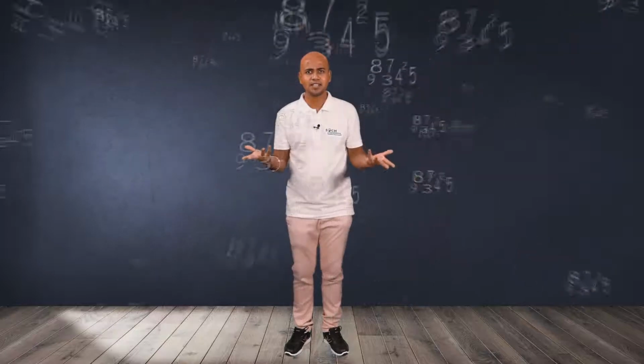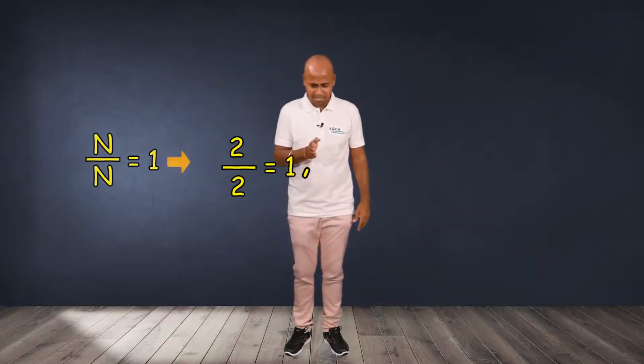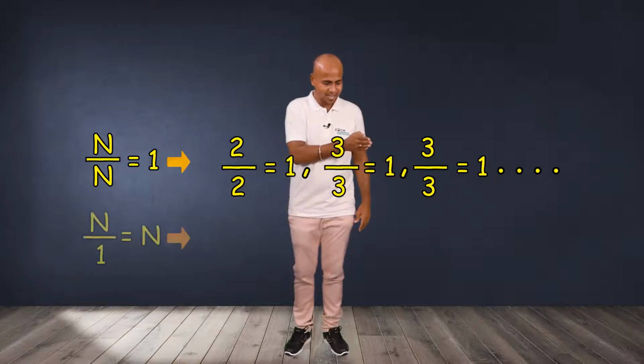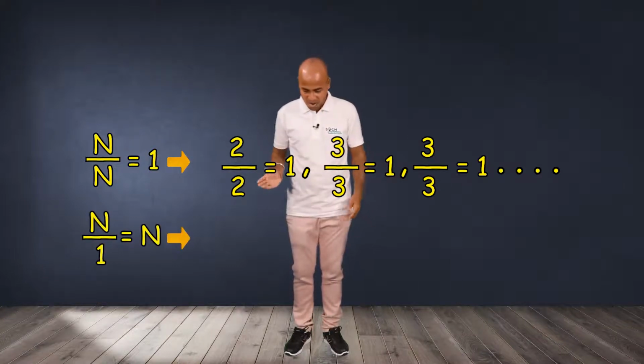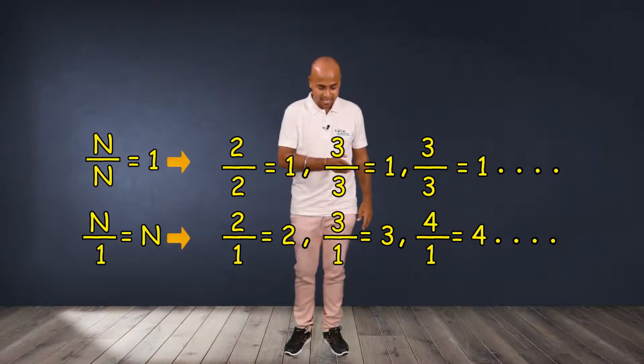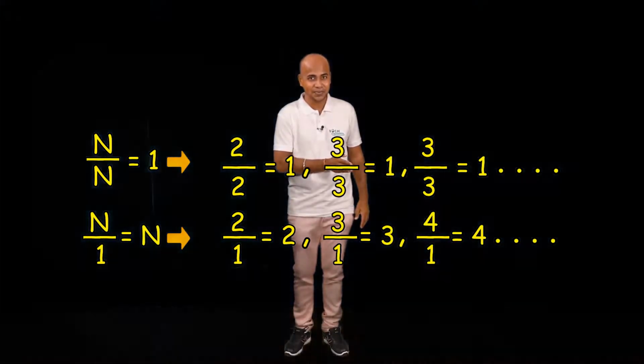That means in this world of numbers, all the numbers are divisible by itself, and all the numbers are divisible by 1 also. Isn't that true?